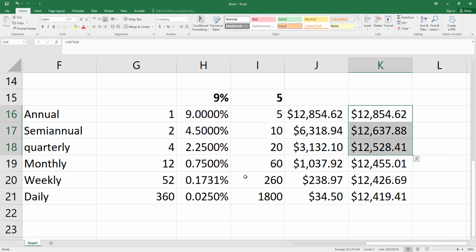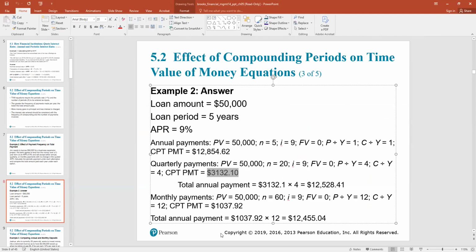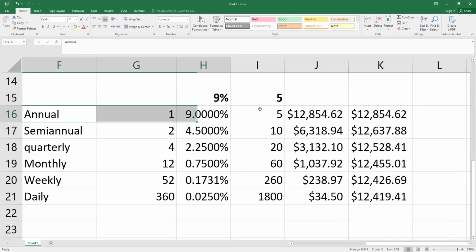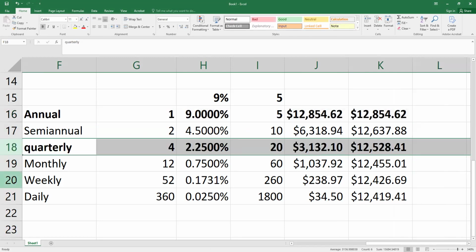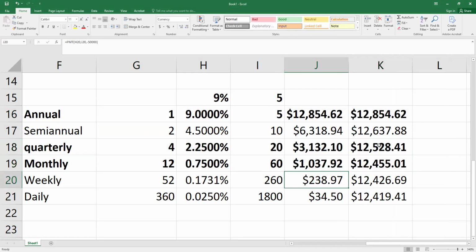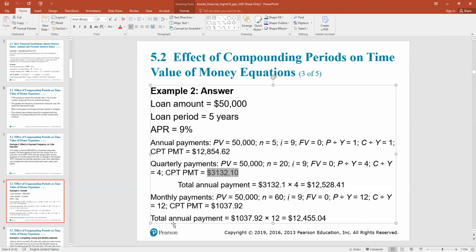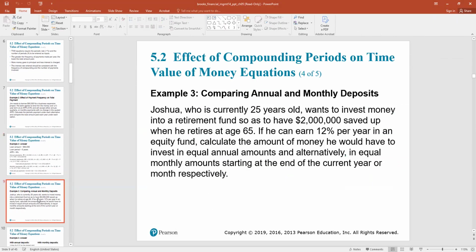So in our case, we were given monthly, quarterly, and annually, 3 alternatives. If you compare all of them, you would have definitely suggested to go with monthly. Any questions?